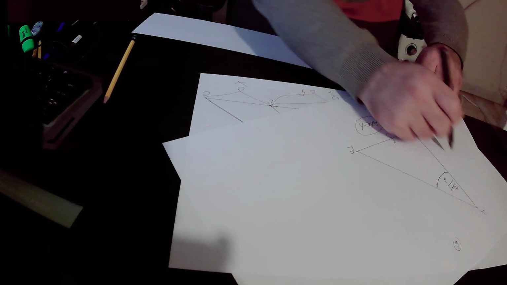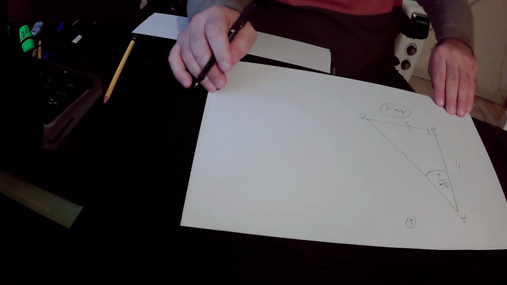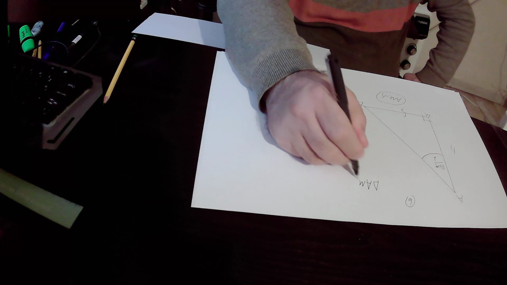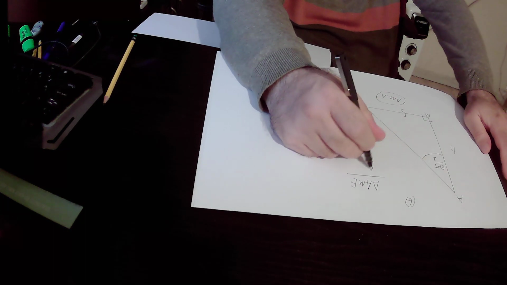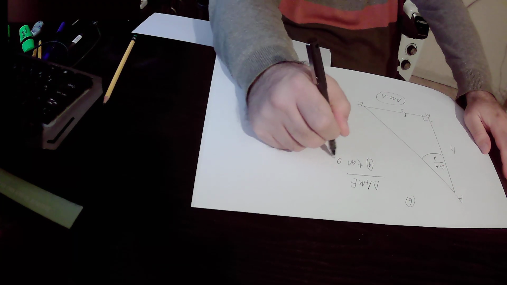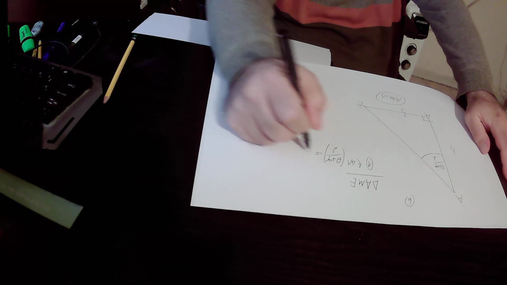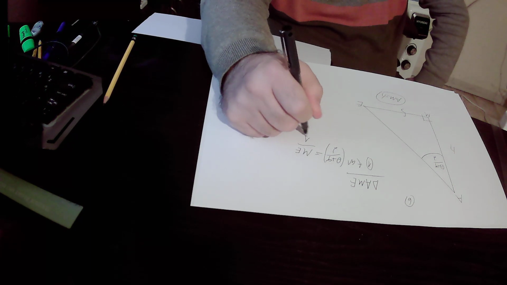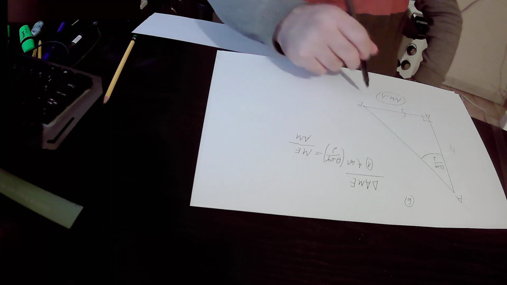So we can write here that AM equals H. So in the right triangle MAE, we can write down that, according to equation number 1, tangent of (theta plus alpha) over 2 is equal to ME over AM.